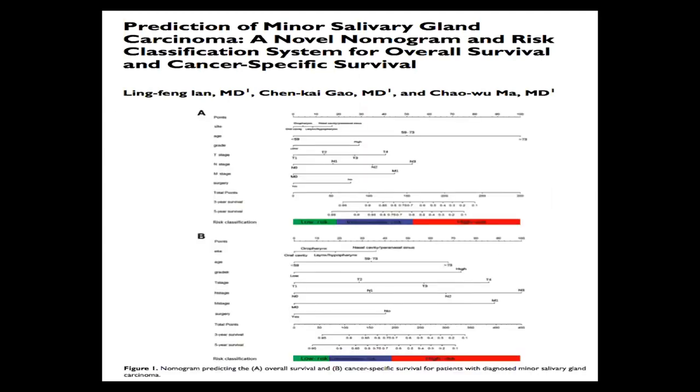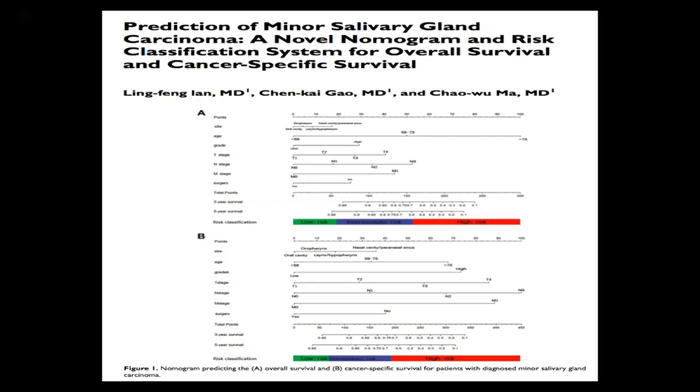I'm not going into much of this, but these were the multiple factors that they took into account after univariate and multivariate analysis. And based on the site, the age, grade, TNM, and surgery, they devised a scoring system divided into 3 groups: low risk, intermediate, and a high risk group.